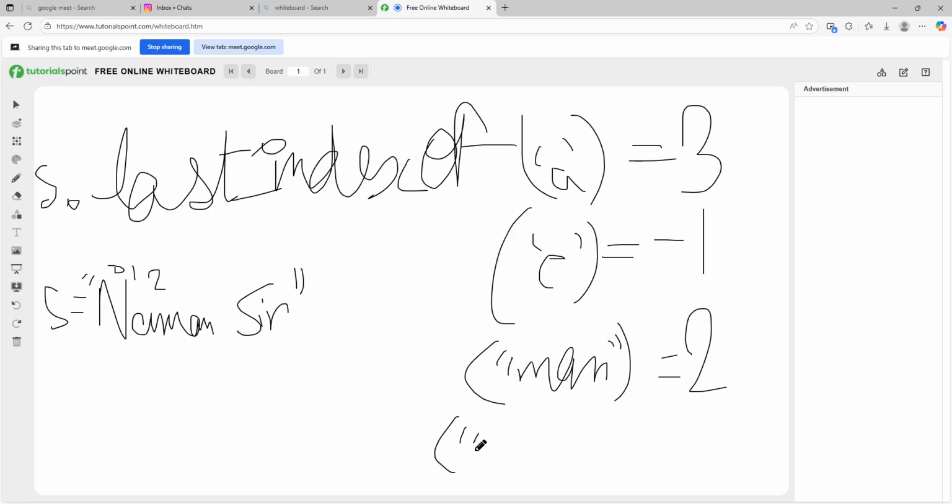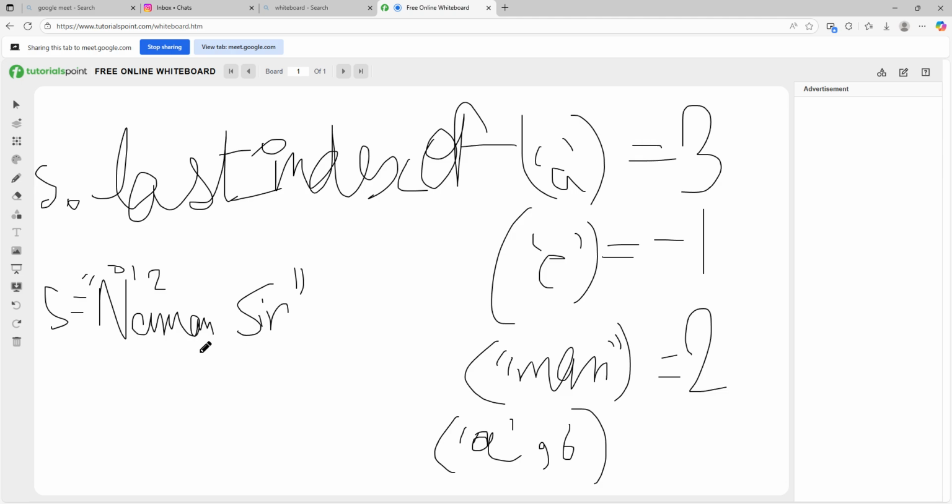Like that, if we want to search A, comma, 6, it will skip 6 letters from the back. From the last, it will skip 6 characters, and space is also considered a character.